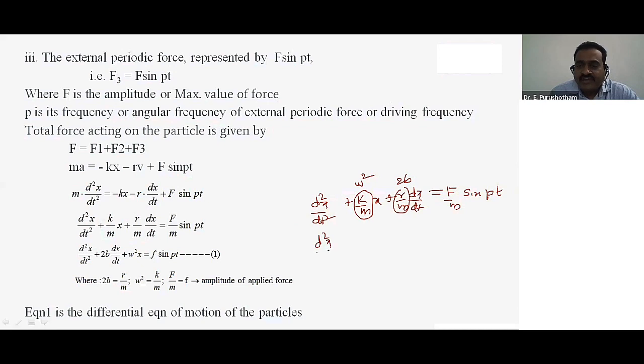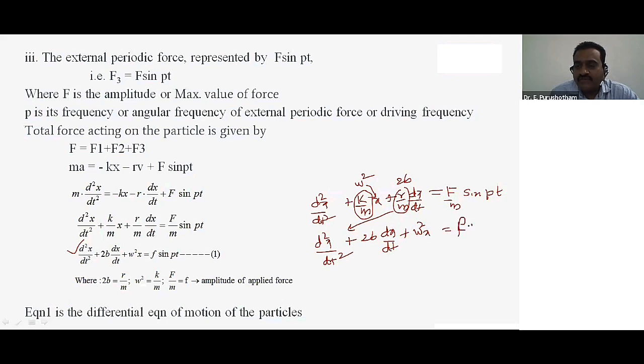So d²x/dt² + 2b dx/dt + ω²x = f sin pt, where f is F by m.